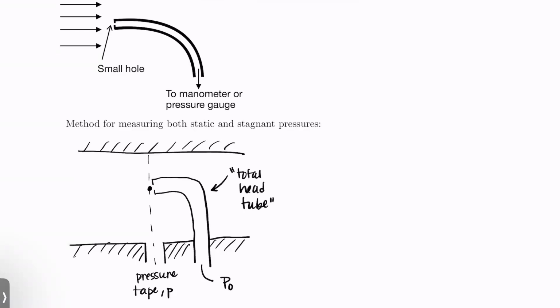Or we could get really creative and use what's called a pitot-static tube, which embeds both of these things in one device. So I'm going to try and draw this well, but I've had limited success in the past. Okay, so we essentially have a tube within a tube.